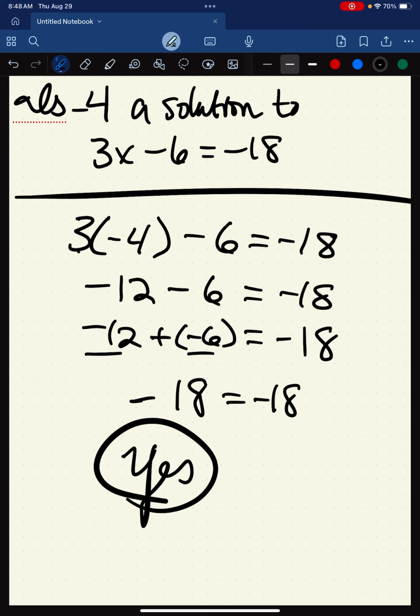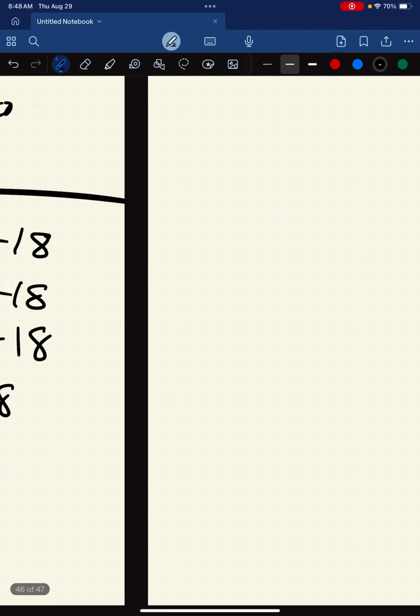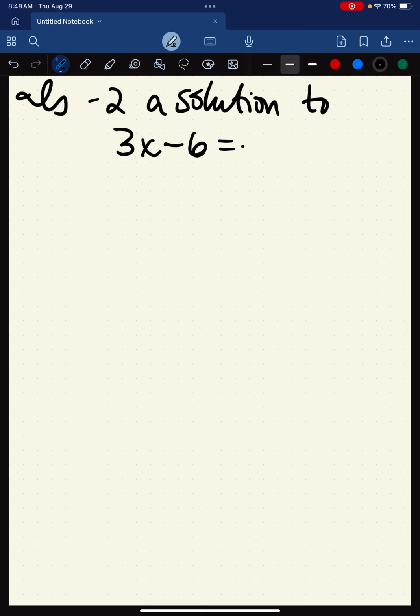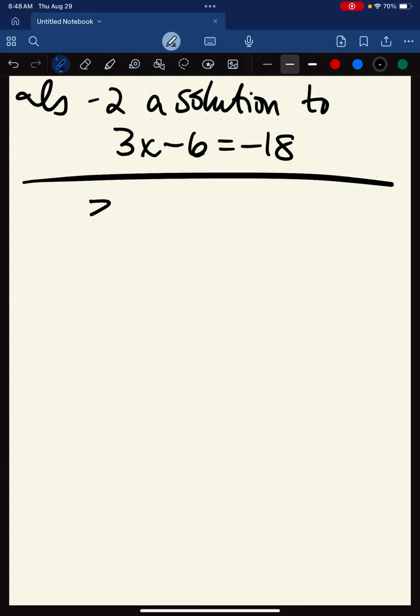So now what happens if we try the exact same thing, but with a different one? Is negative 2 a solution to 3x minus 6 equals negative 18? Let's plug it in. 3 times negative 2 minus 6 is negative 18. 3 times negative 2, that's a positive times a negative.